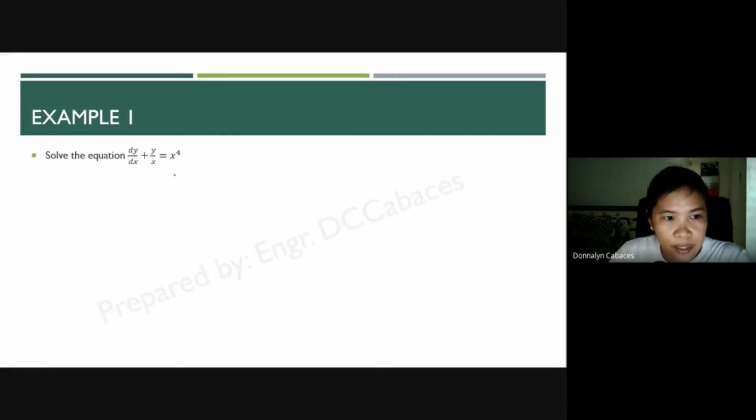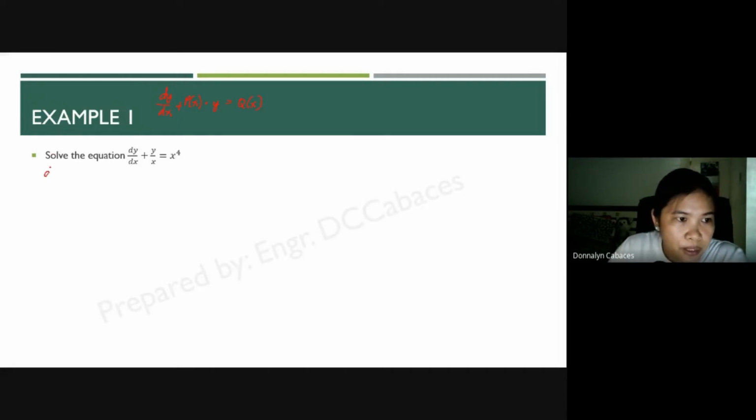So this is already in standard linear form. But to show that, recall that our standard linear form is the derivative of y with respect to x plus p of x times y is equal to q of x.